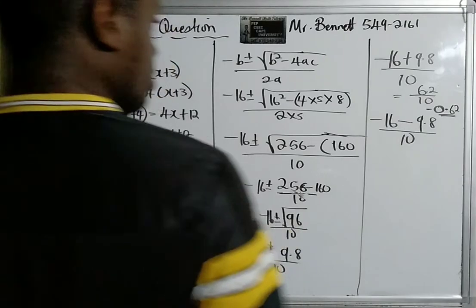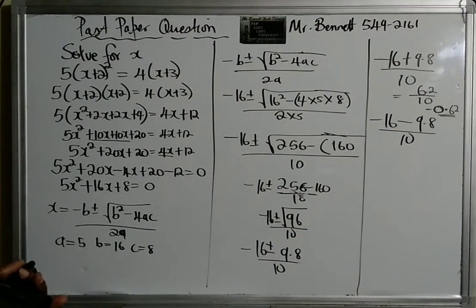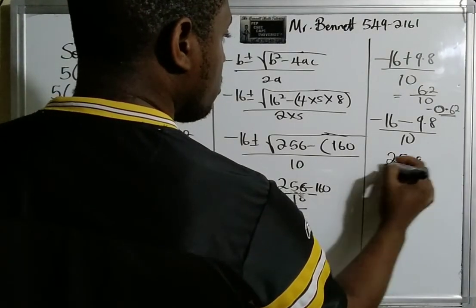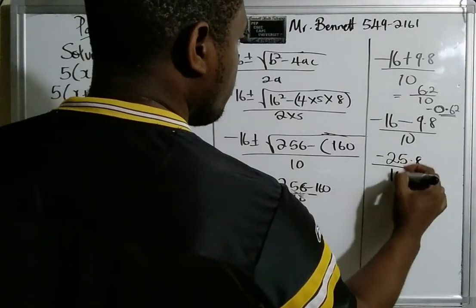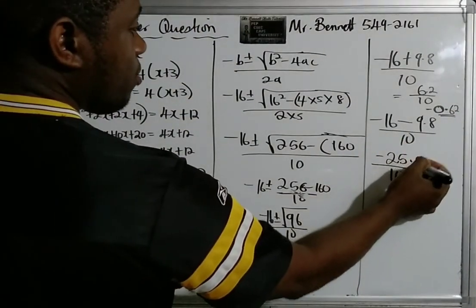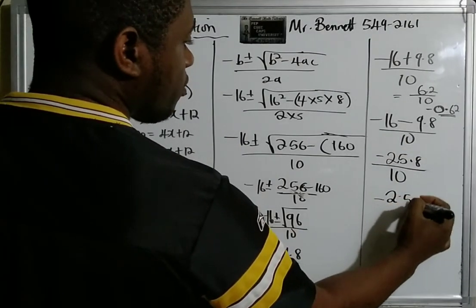Now for the other one, we add because both of them are negative. We add 16 plus 9.8. Remember, when both signs are the same, we add. That gives us 25.8, I'll keep the negative, and divide by 10. When dividing by 10, we can just move the decimal place one place to the left, so it's negative 2.58.